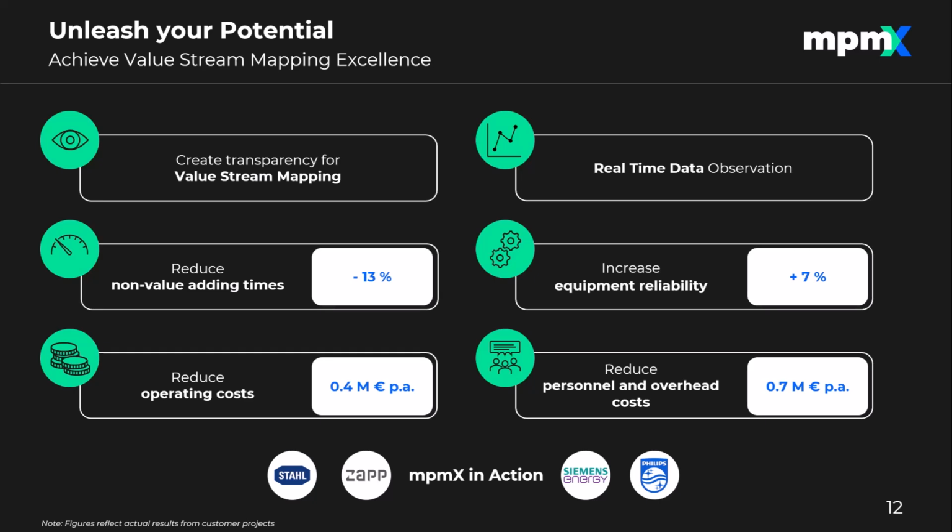For example, reducing the non-value adding times by 13%, or reducing the operating costs per year by 400,000 euros. And those are results that we can also achieve for your processes.